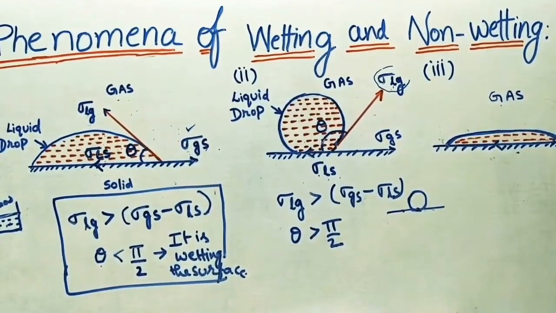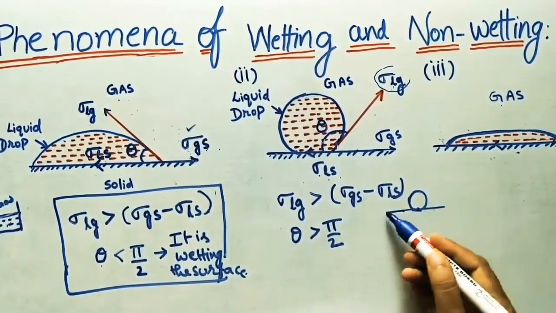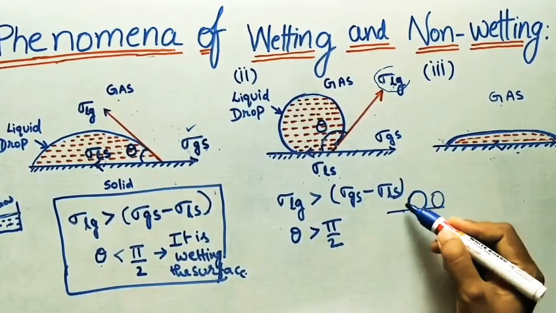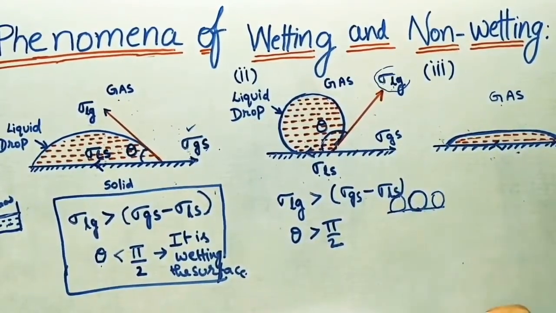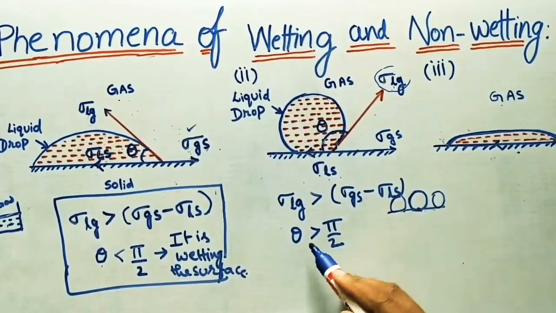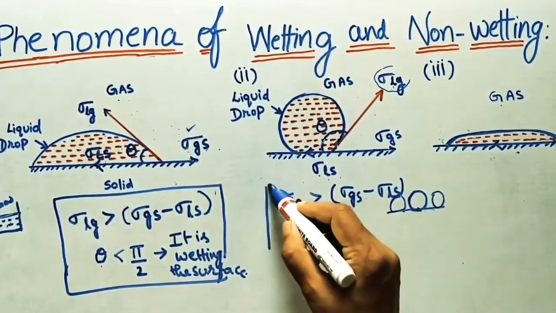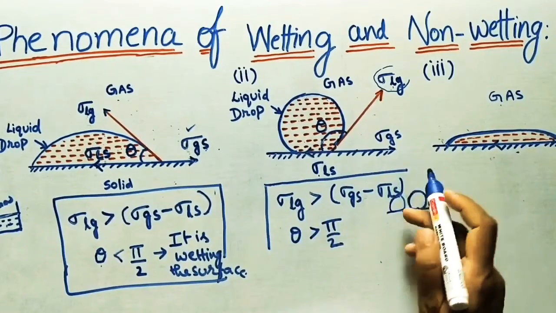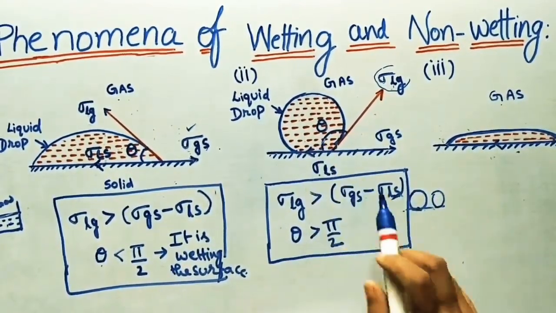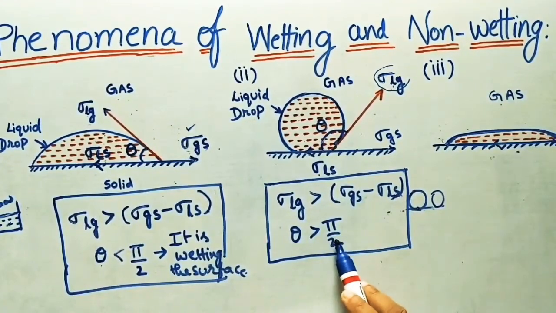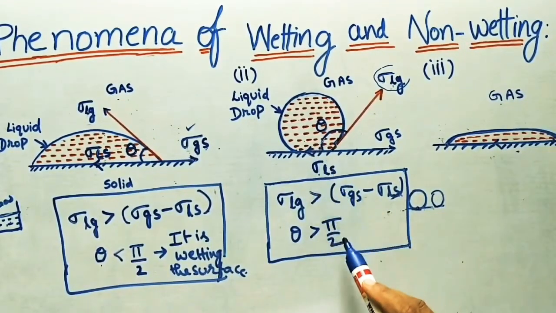What is the example of it? If you are taking mercury on the surface, it will form like spheres. So it will not cling to the surface, it will not wet the surface. So these are the conditions for spherical droplets. It is in equilibrium only, but the angle is greater than pi by 2, so it will not wet the surface.